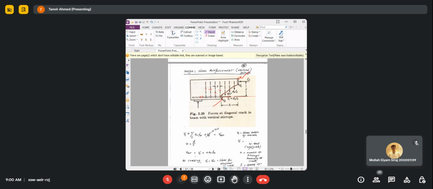Now say for example in this particular section where the crack occurred, you have n number of stirrups.